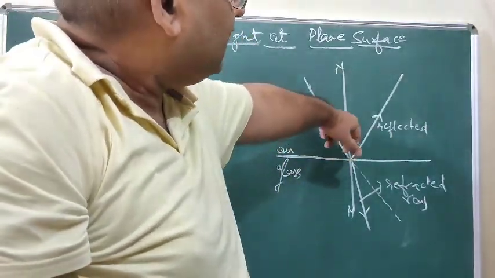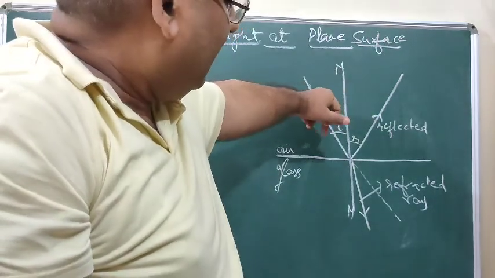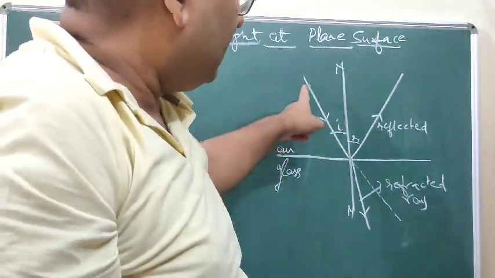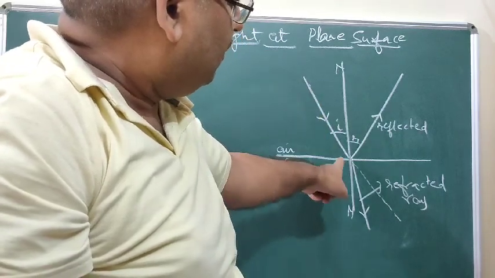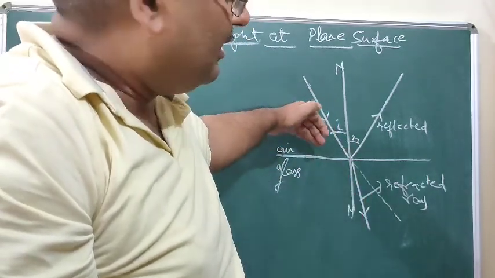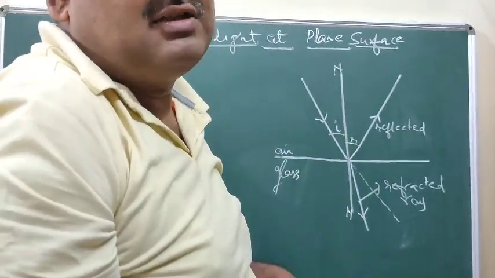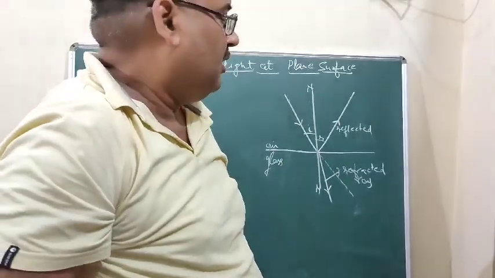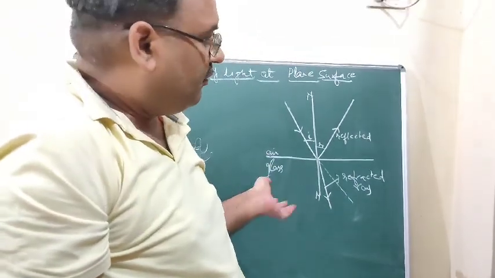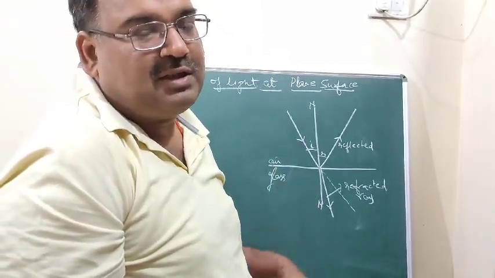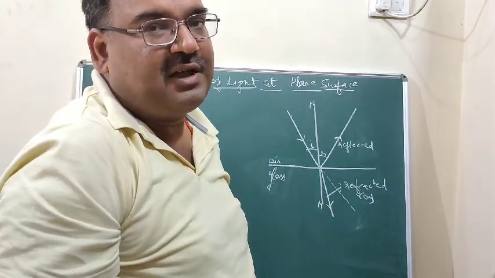The ray is partially reflected and partially refracted. You can see the ray is not moving in a straight line. When it has entered a denser medium, it has bent from its path. This bending of light from its path when it travels from one medium to another medium is known as refraction.